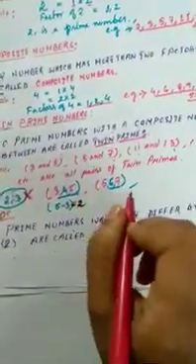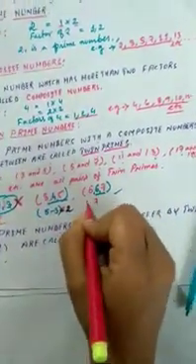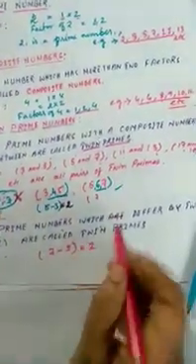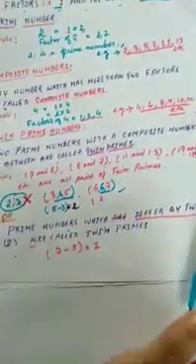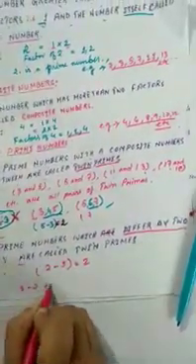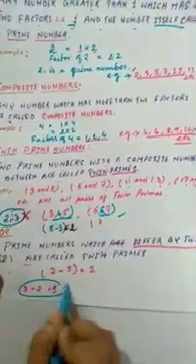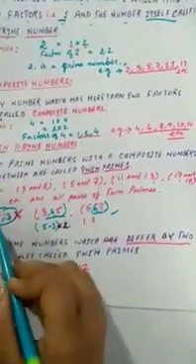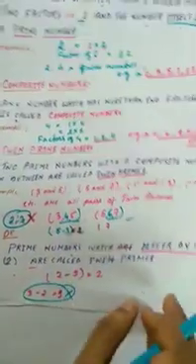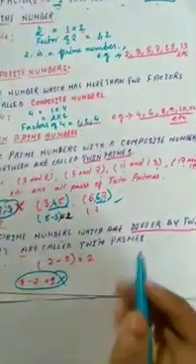Like 7 minus 5, here also you get 2. That's why it is said to differ by 2. But if you do 3 minus 2, you get 1. So that's why this is not called a twin prime. Although 2 and 3 are prime numbers, they are not a pair of twin primes. Fine children.